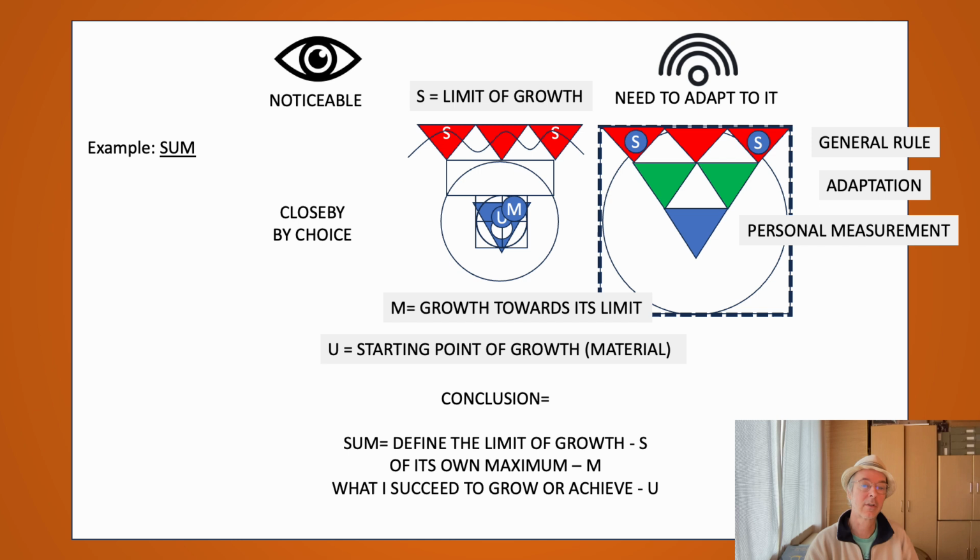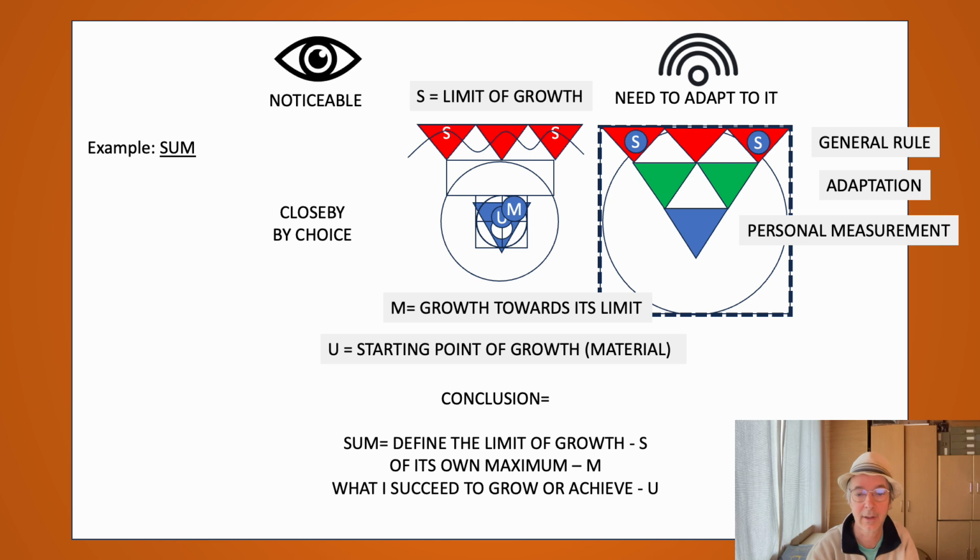The U, the starting point of growth, or the material, so what we can use. So together with S, U, and M, it's actually the definition of the limit of growth. The S, these are the general rules, of its own maximum, the M, of what I succeed to grow or to achieve. But that's my choice.